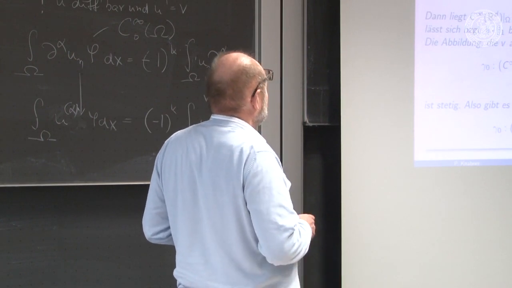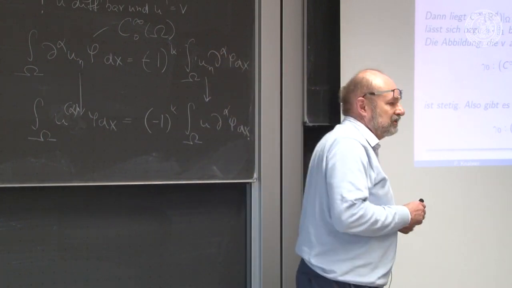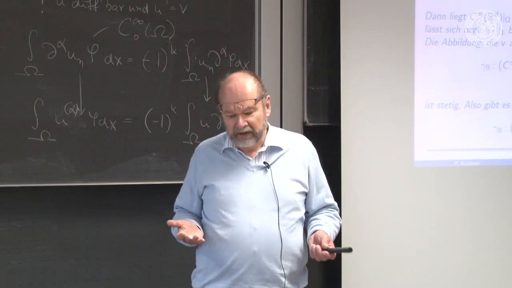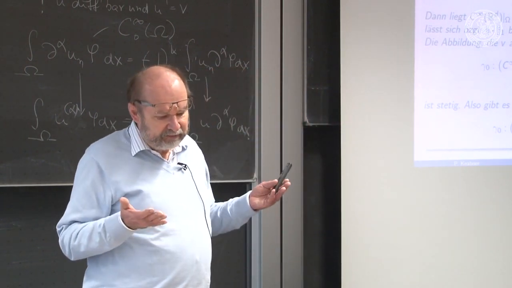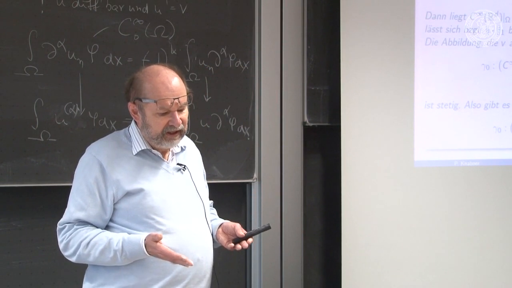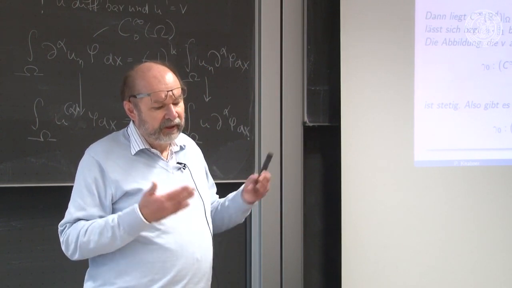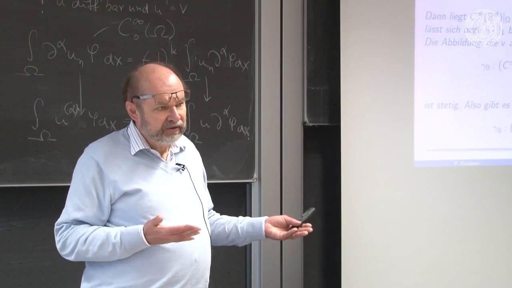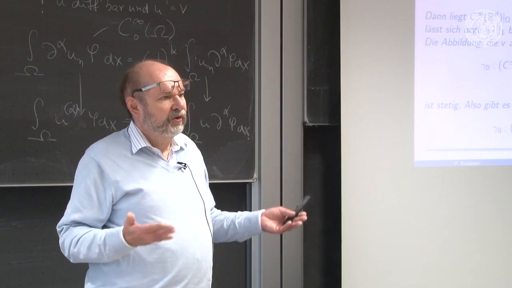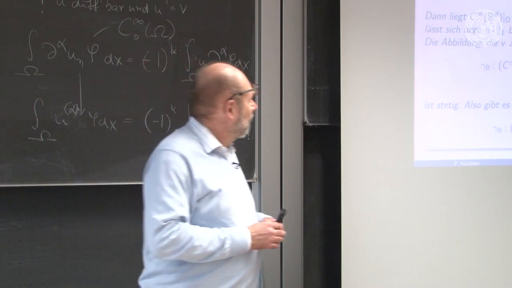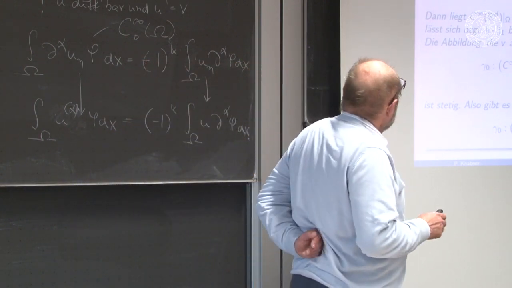Okay, so now what does this help us in conjunction with this question? What is a proper notion for saying that a non-continuous H1 function is 0 at the boundary? And for that we look at this space here.